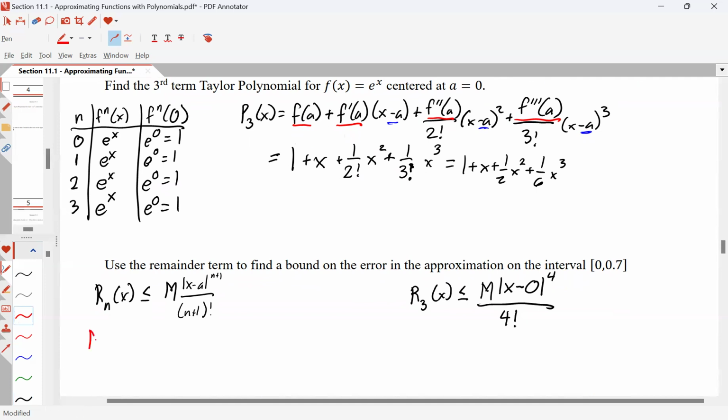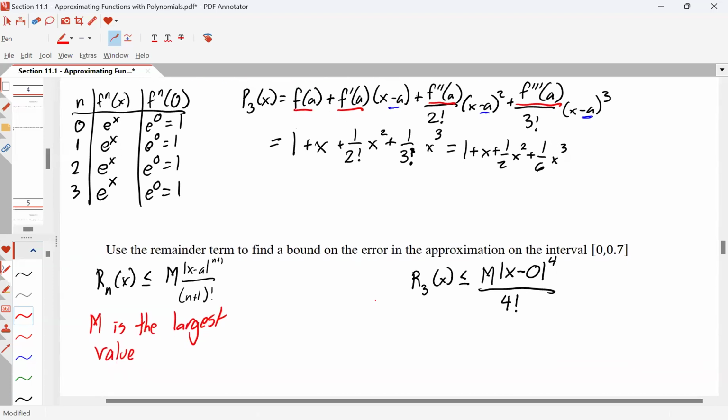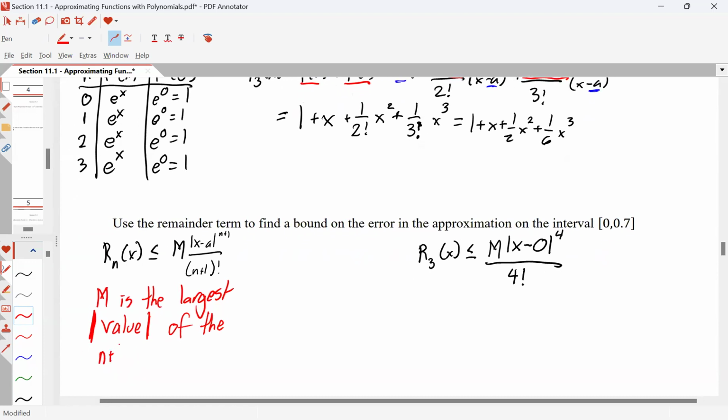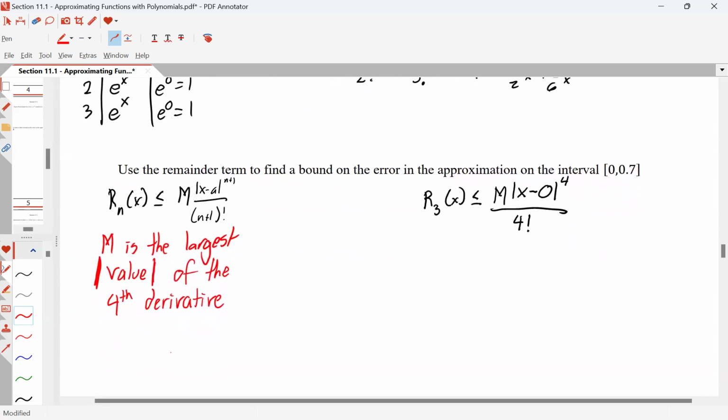M is the largest absolute value of the n plus 1 derivative. And we are looking at the third Taylor polynomial, meaning the n plus 1 derivative is the fourth derivative.